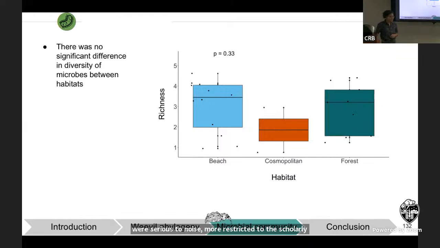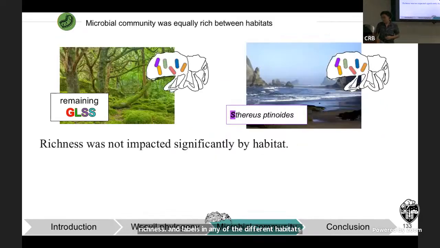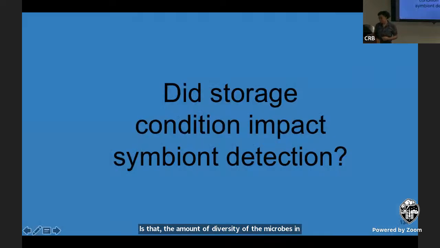There was no significant difference in richness in weevils in any of the different habitats I sampled. And so what this might look like, if we were to look at it graphically, is that the amount of diversity of the microbes in either habitat was not that different.